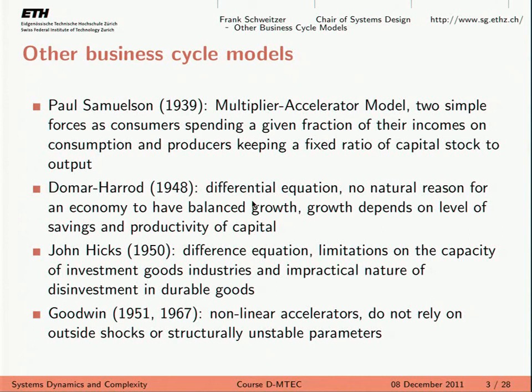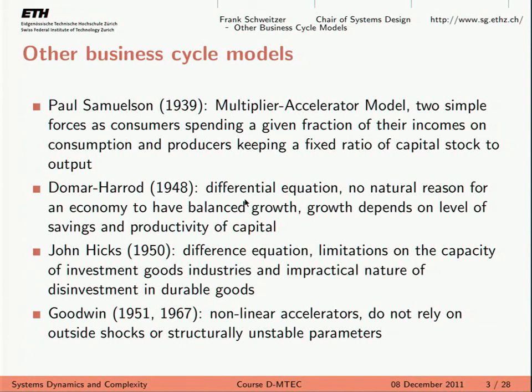So the second model is, just to give you an idea, the assumption here is that the economy grows trend-like, so there's a trend-like growth, but oscillation, you don't see this trend in the short term. You only see oscillations around the trend. So the economy grows basically like this. John Hicks, it's an improvement of Samuelson model.